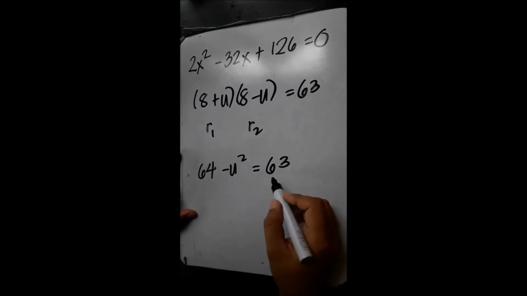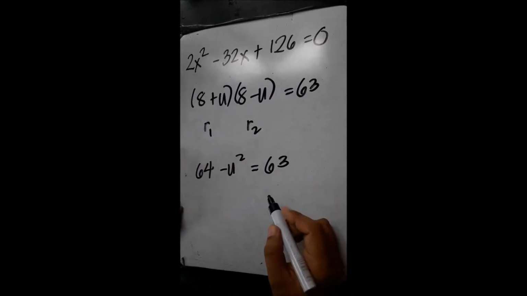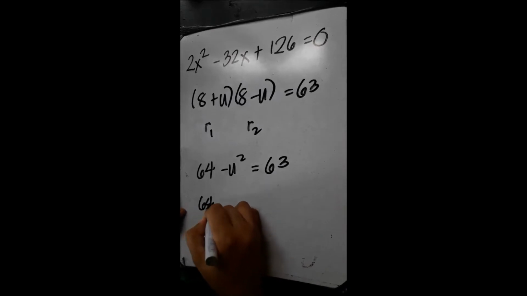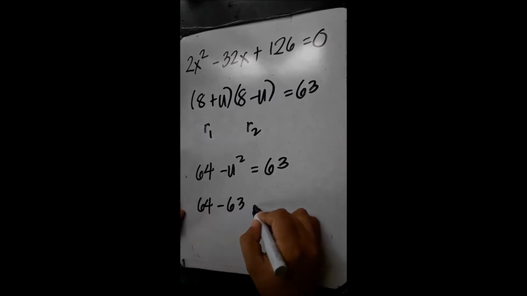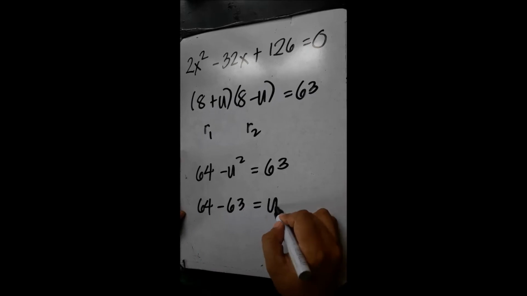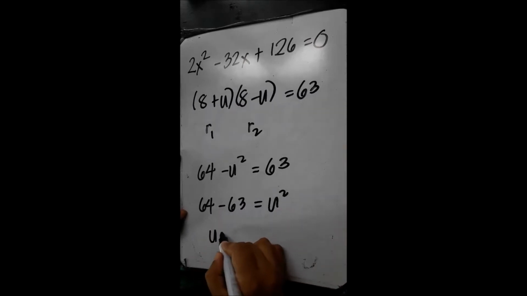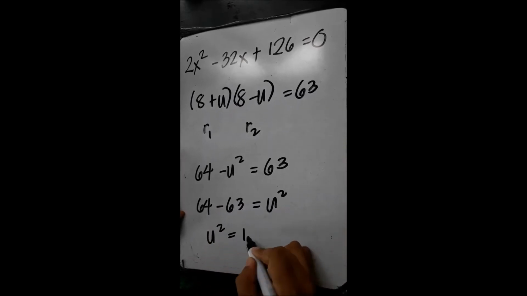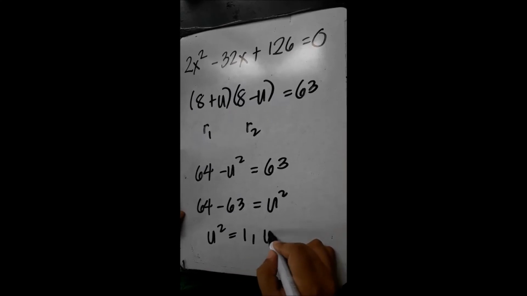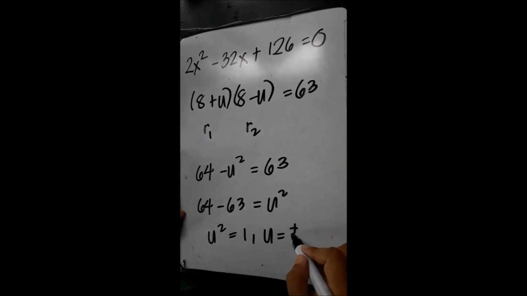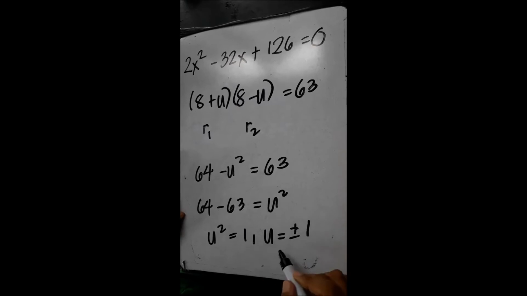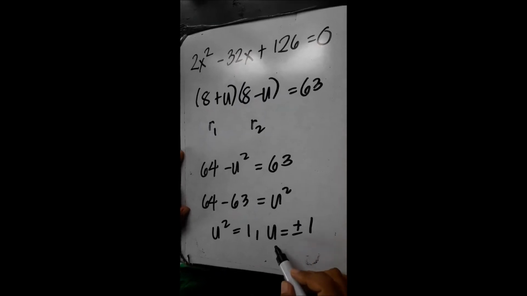And solving for u squared using properties of equality, we get 64 minus 63 is equal to u squared, and u squared is equal to 1, or u is equal to plus and minus 1 by extracting the square root.